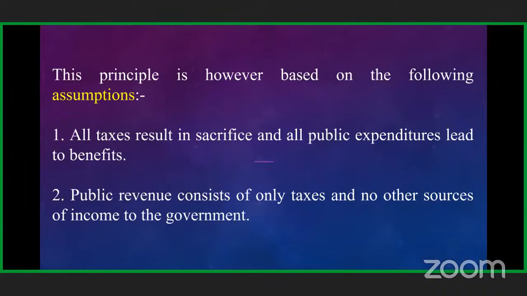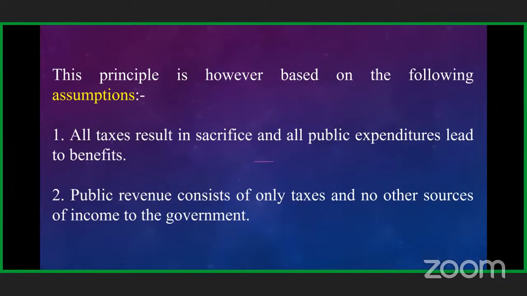This principle is based on some assumptions. All taxes result in sacrifice. All public expenditures lead to benefits. So taxes lead to sacrifice or disutility to the people, and public expenditure leads to benefits to the people. Public revenue consists of only taxes and no other sources of income to the government.